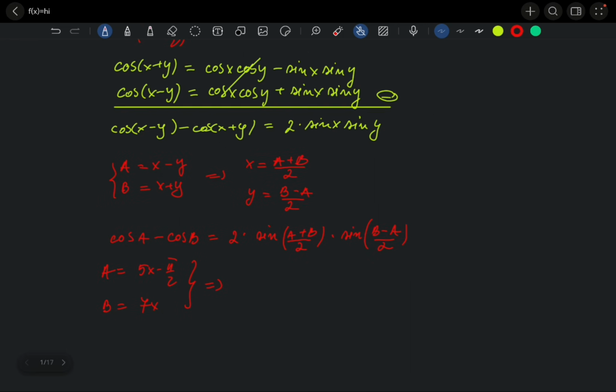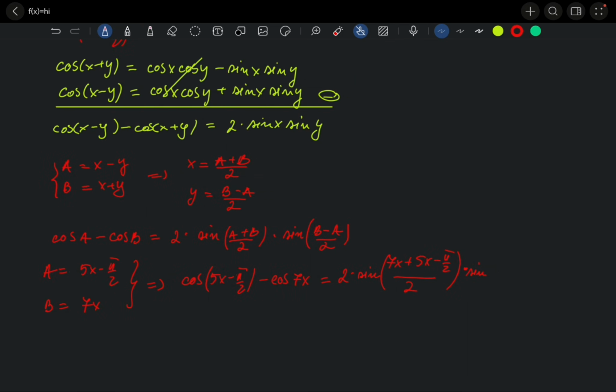With those two, we get that cosine of 5x minus pi by 2 minus cosine of 7x is going to be equal to 2 times sine of 7x plus 5x minus pi by 2 all over 2, times sine of 7x minus 5x, minus minus gives us a plus, so plus pi by 2 all over 2, and we know that this must be equal to 0.